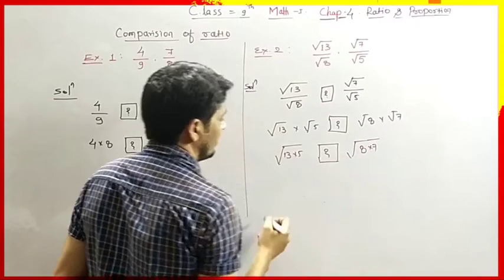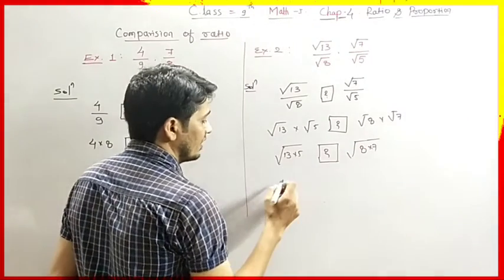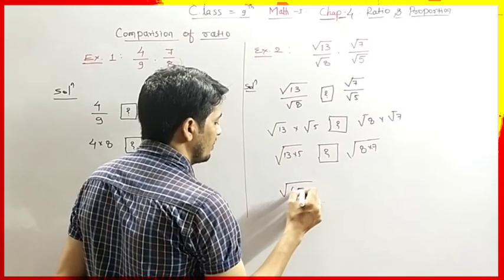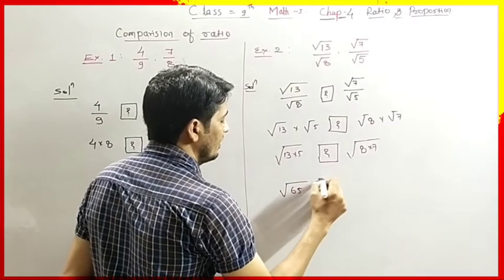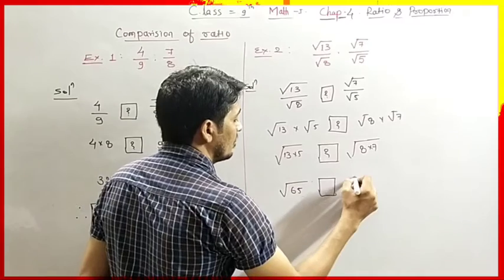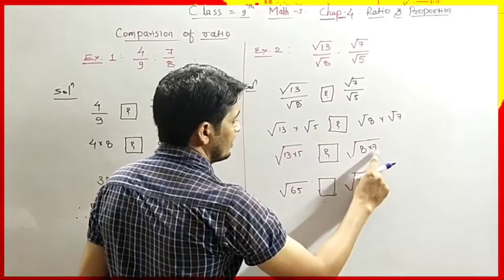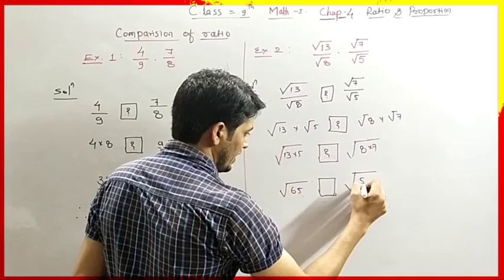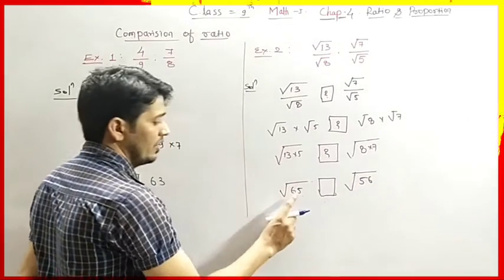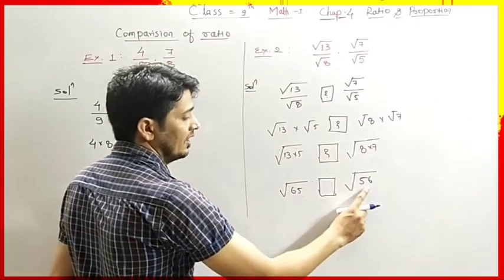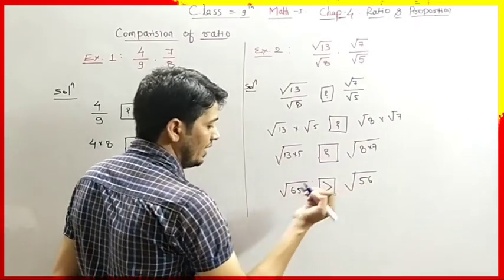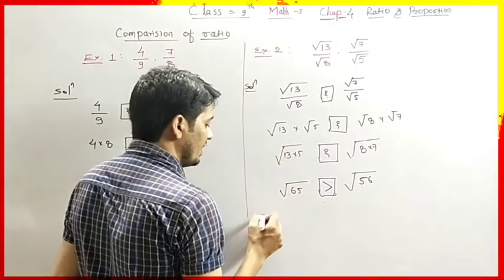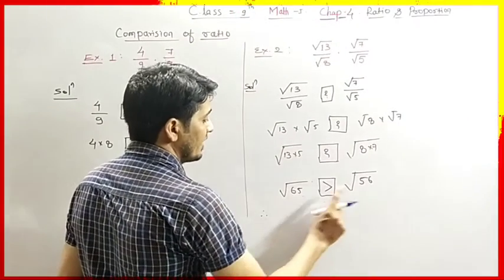13 fives are 65, so we write root 65 here, and 8 sevens are 56, so root 56. Here 65 is greater than 56, so we write the greater than symbol.